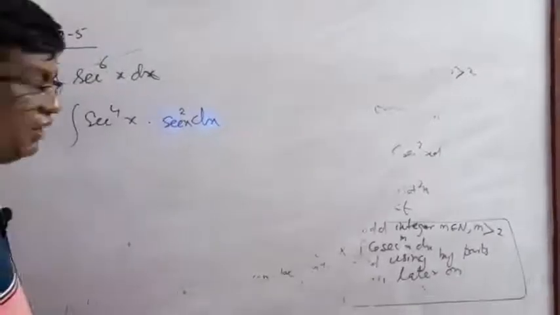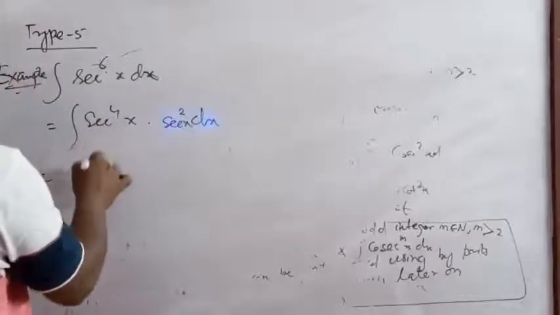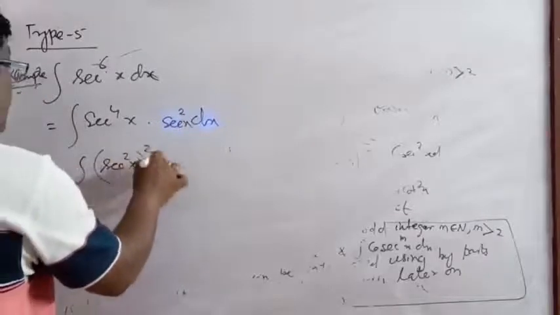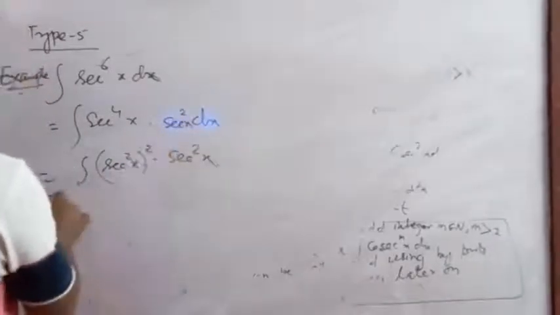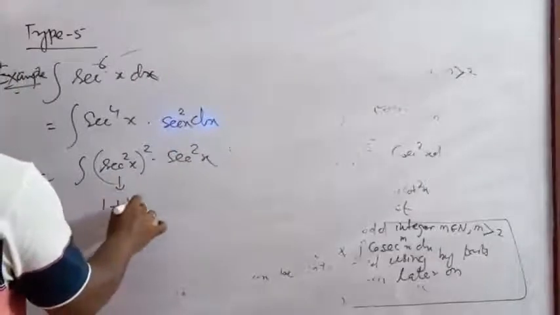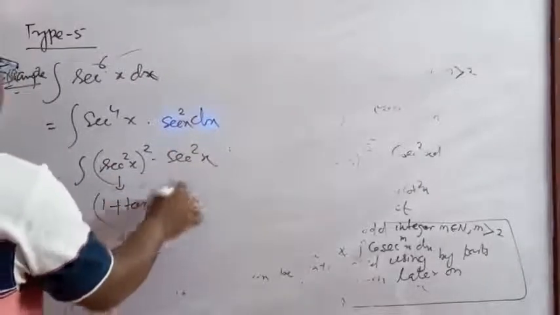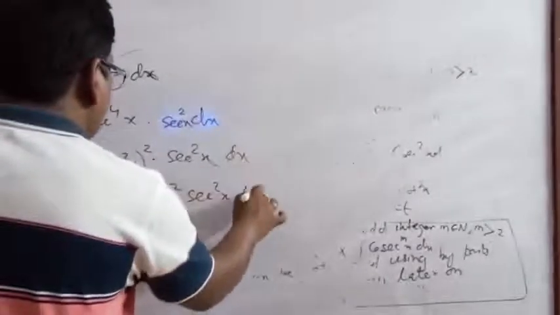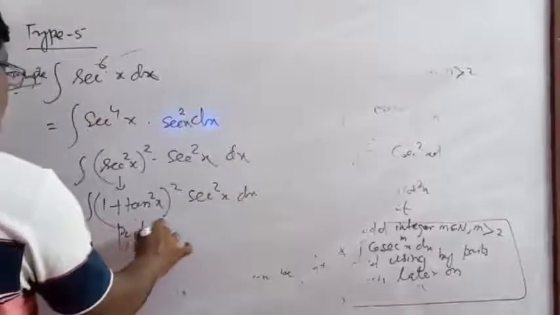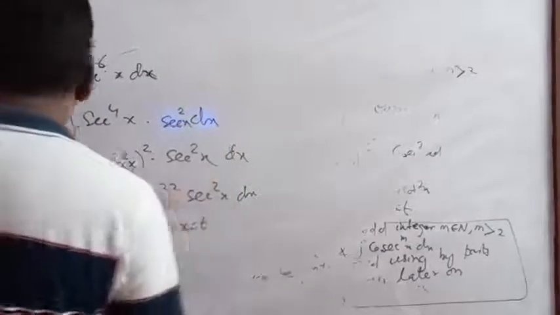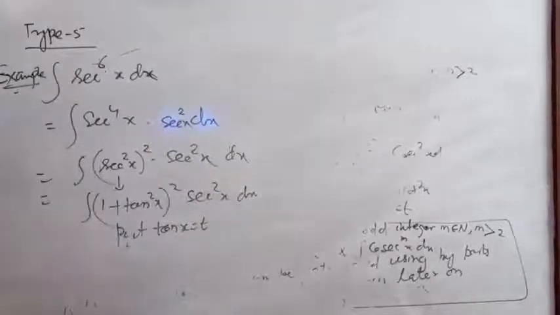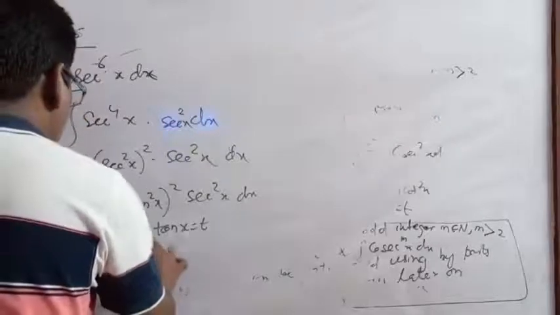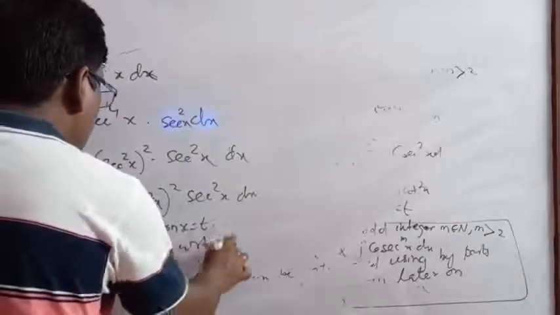And what is step 2? Write the rest in tan square x form. So this is sec square x whole square into sec square x dx, and write this as 1 plus tan square x whole square, and sec square x dx here. Now put tan x equal to t and differentiate with respect to x.